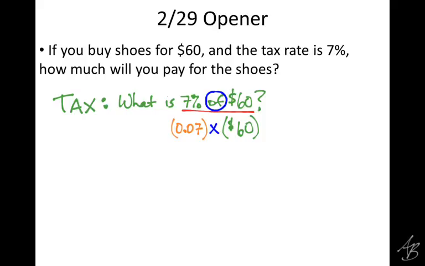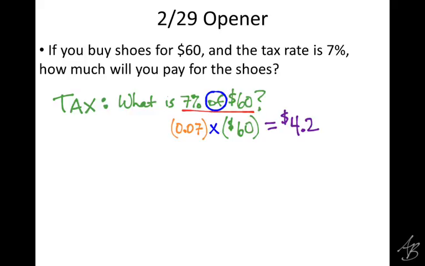All right, so the calculator is going to tell us that 0.07 times 60 is 4.2. Now what we need to keep in mind is this is money, right? So it's $4.2. Usually when you go to the checkout counter, they're not going to say it's $4.2. They're going to say it's $4 and 2... 20 cents? 2 cents or 20 cents?